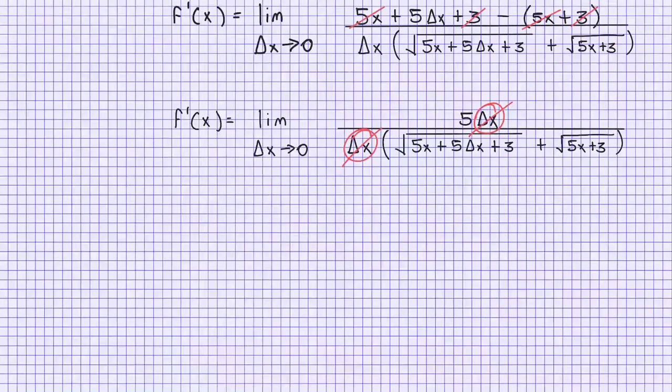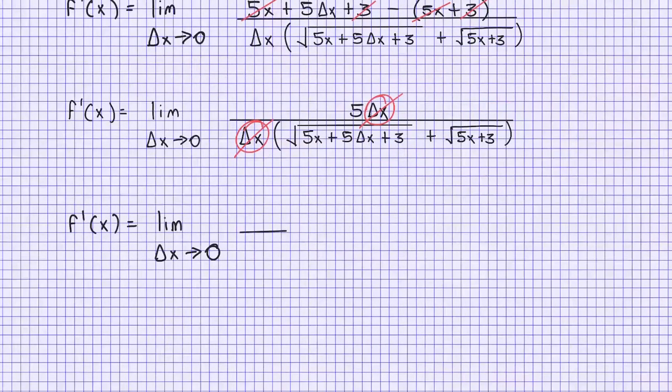So now we're almost done. We have that the slope will be the limit when delta x goes to 0. Now we have this fraction. But if you see, now we can do the evaluation of the limit and it will not make our operation undefined. So we evaluate the limit now.